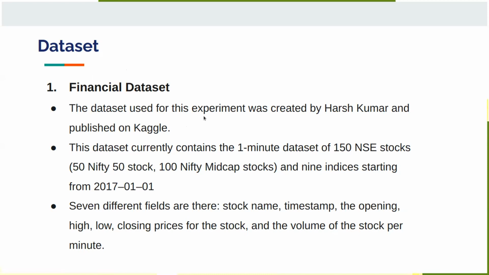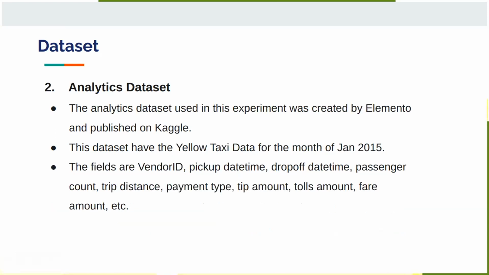It is a 1 minute data set for 150 NSE stocks from 2017, so it has the stock values of 150 stocks. There are 7 different fields in this data set: the stock name, timestamp, opening price, highest price, lowest price, and closing price.